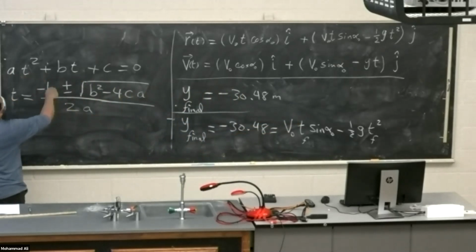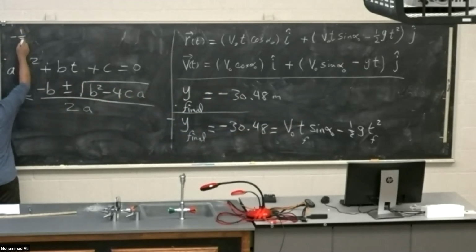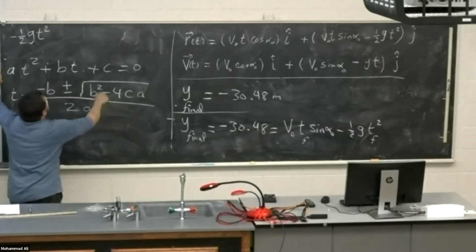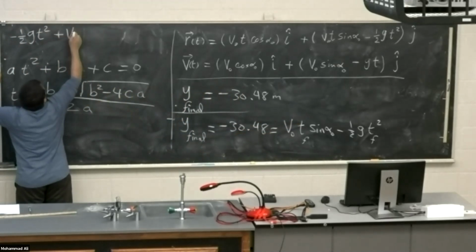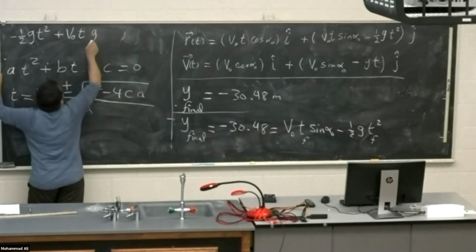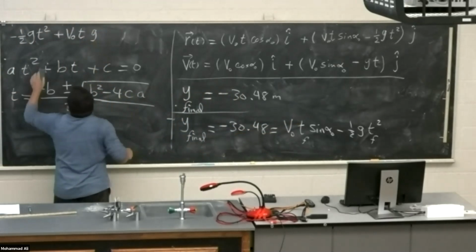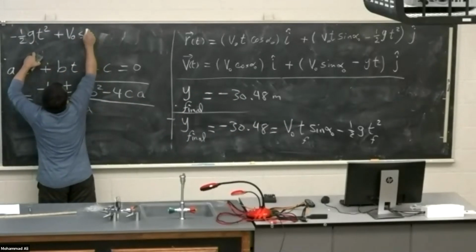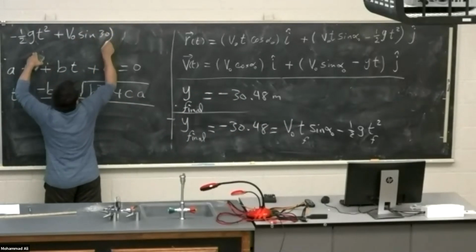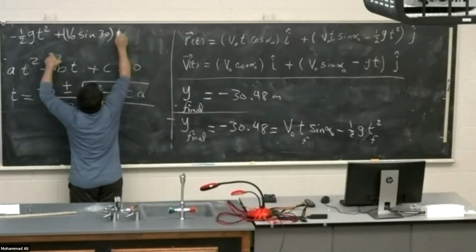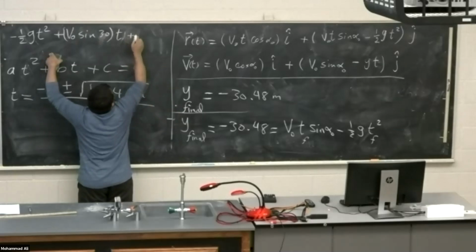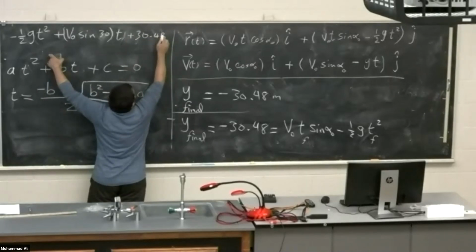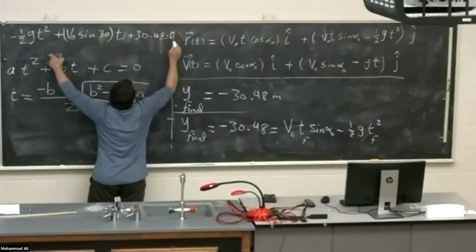So I have minus half g t squared plus v naught sin 30 t plus 30.48 equal to 0.